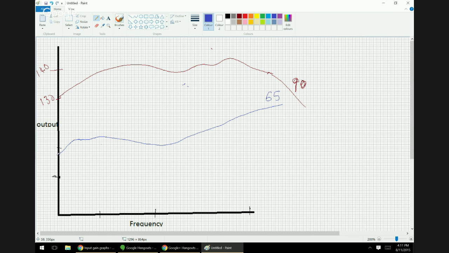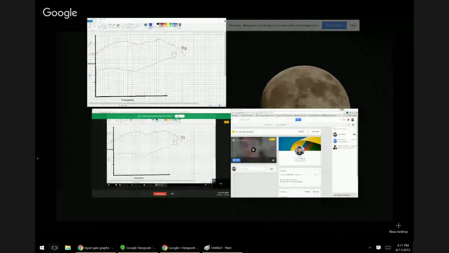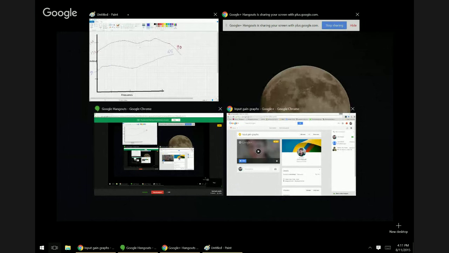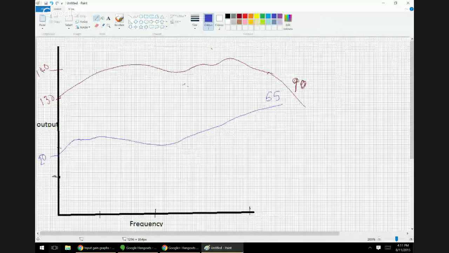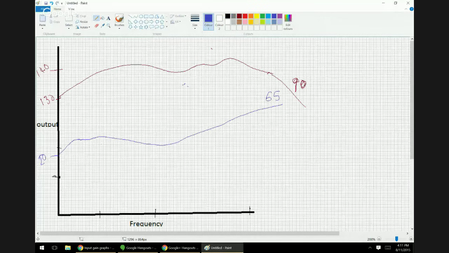Then the output might be, here in the low frequencies, we might only be giving 20 dB of gain, so that would be 85. And then at the peak up here, for a 65 dB input in the high frequencies, we're delivering about 60, that's way too much gain. But anyway, you get the idea.